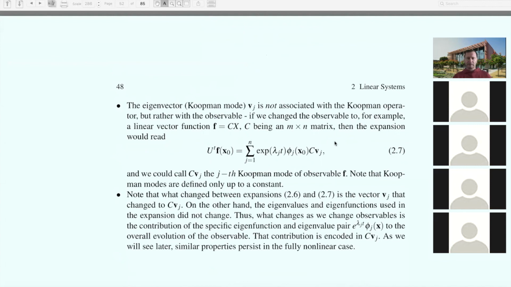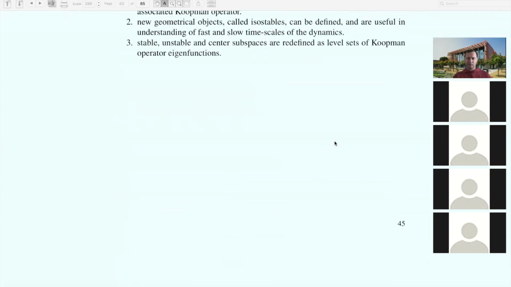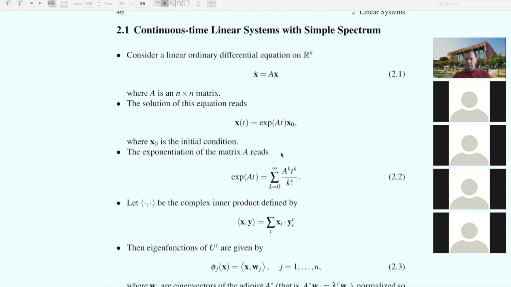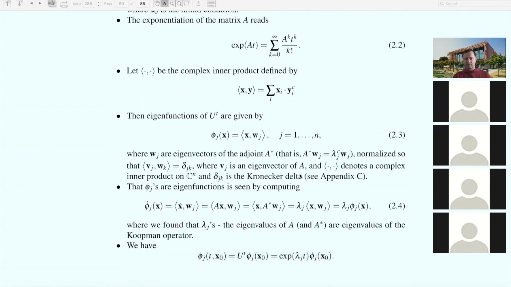What I talked about at the beginning of this part is the fact that this might be valuable at short times, but at longer times, these t^k terms might be problematic.